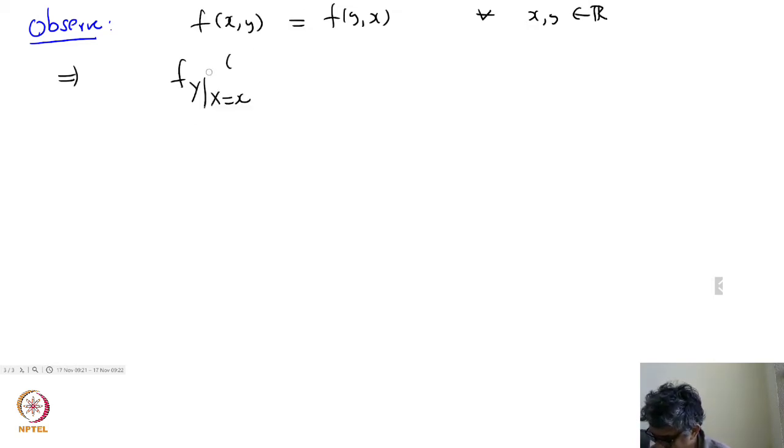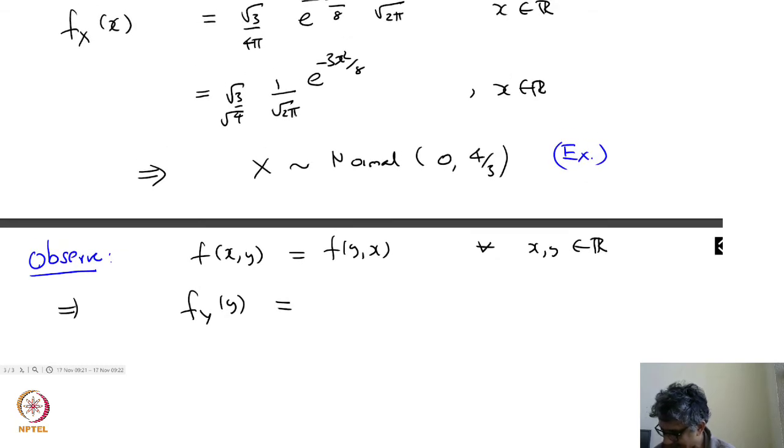sorry, the density. I'm copying it here. f sub Y at the point y would be the same as the calculation for x. It would also be equal to root 3 by root 4 e to the minus 3y squared by 8 over root 2 pi.